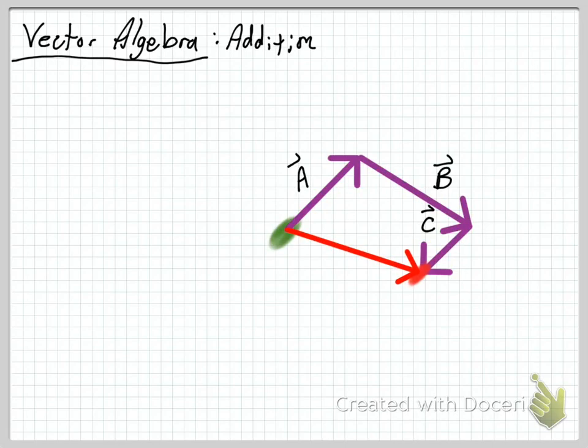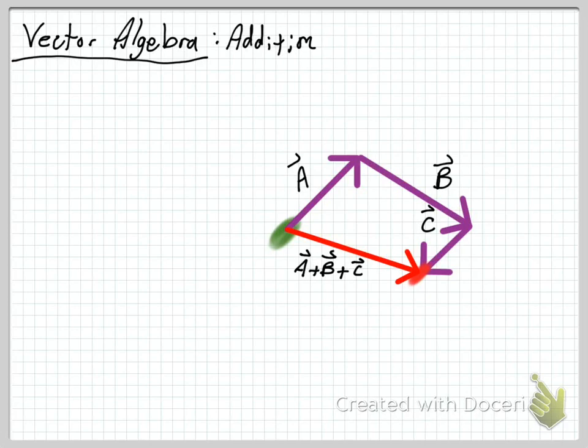So what we have here in red is the vector A plus B plus C. That's how you can add vectors up.